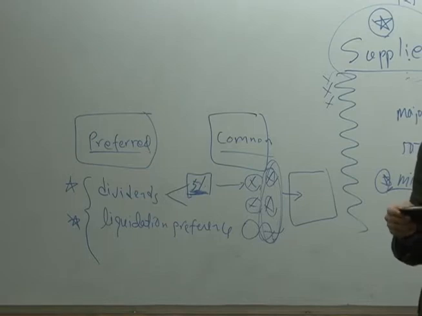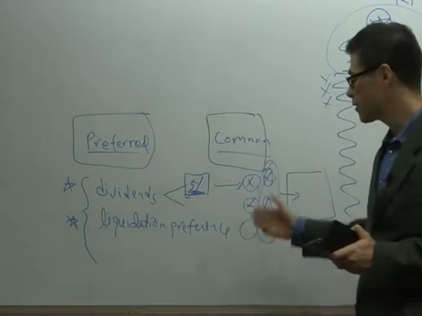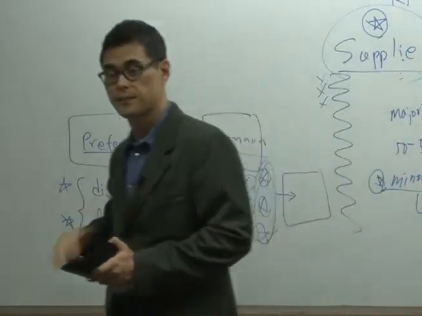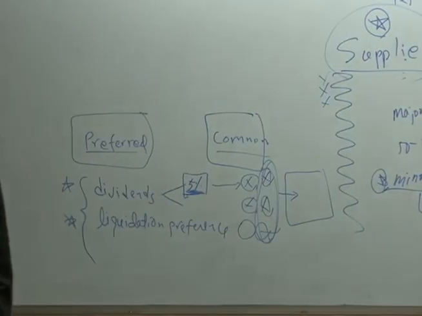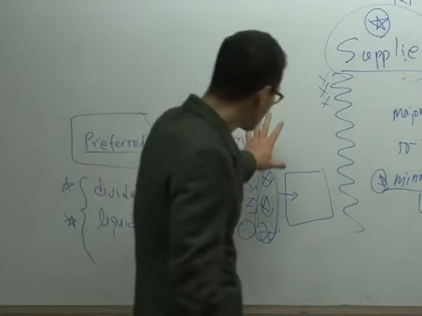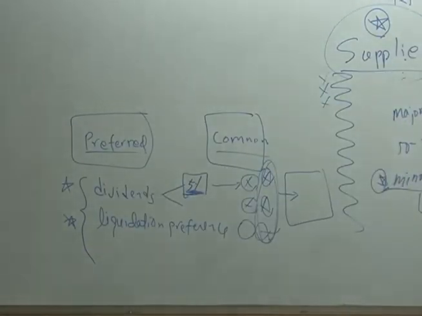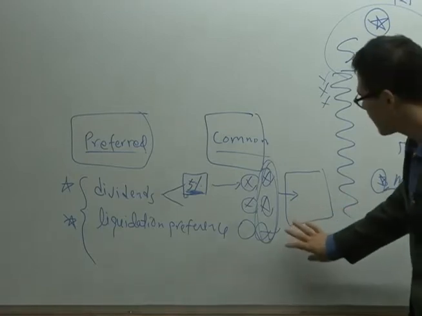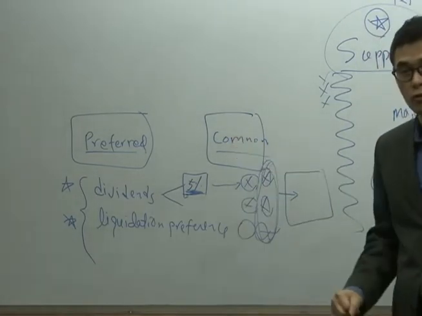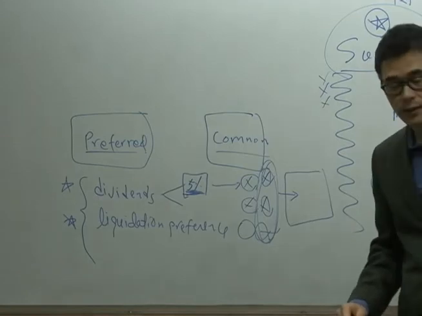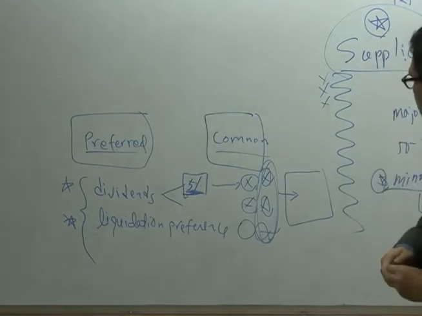It's called cumulative dividends, right? What has been unpaid cumulates, okay? So this has to be all cumulated and paid before any leftover can be distributed to the common shares, right? So this is cumulative.